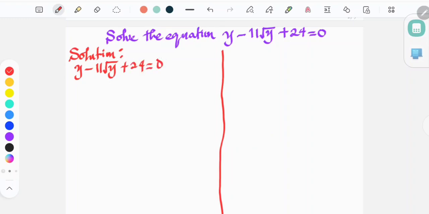So right away, one of the first things I could say is, why not let the square root of y be equal to any alphabet of my choice? Let's say a.